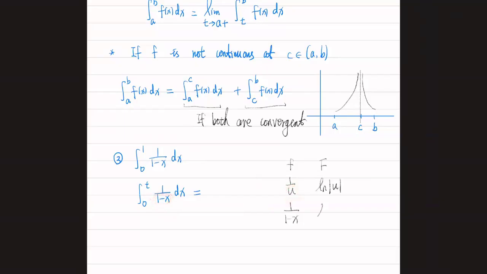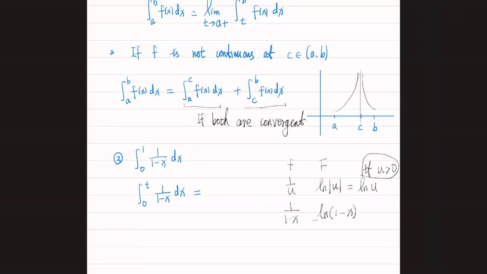So let's simplify this a little bit. It will be logarithm u if u is positive. We guess logarithm of 1 minus x. Now we make corrections. What's the coefficient? We want to put some negative.